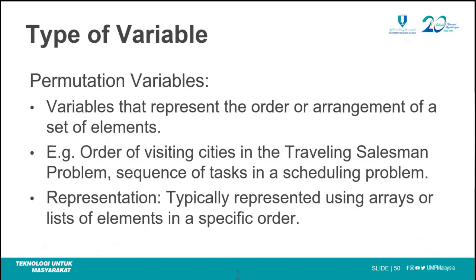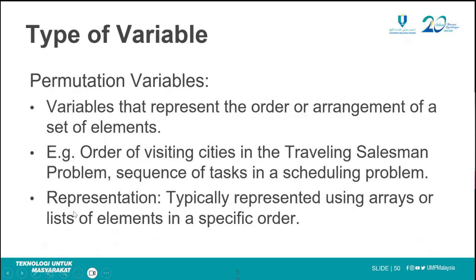Then the permutation variable represents the order or arrangement of a set of elements. For example, the order of visiting cities in the traveling salesman problem, or the sequence of tasks in a scheduling problem. It is typically represented using an array or list of elements in a specific order.